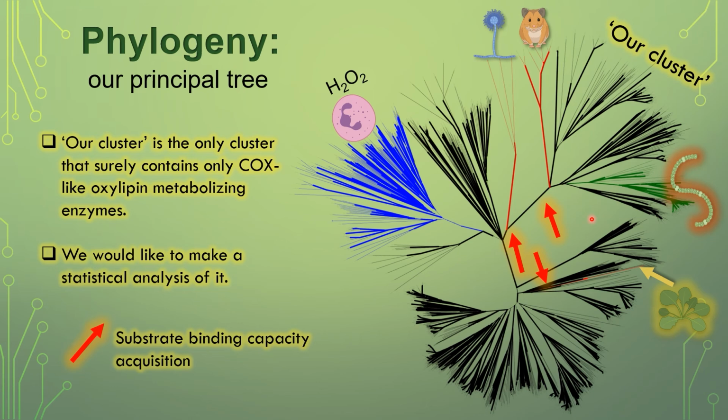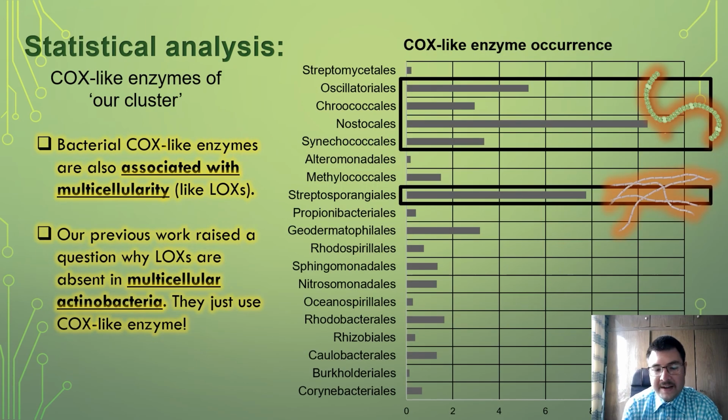Our cluster seems to be the only cluster that truly contains only cyclooxygenase-like oxylipin metabolizing enzymes. Therefore, it is interesting to perform a statistical analysis of this cluster and research its distribution to different taxa, like we did in the case of lipoxygenases in our previous paper.